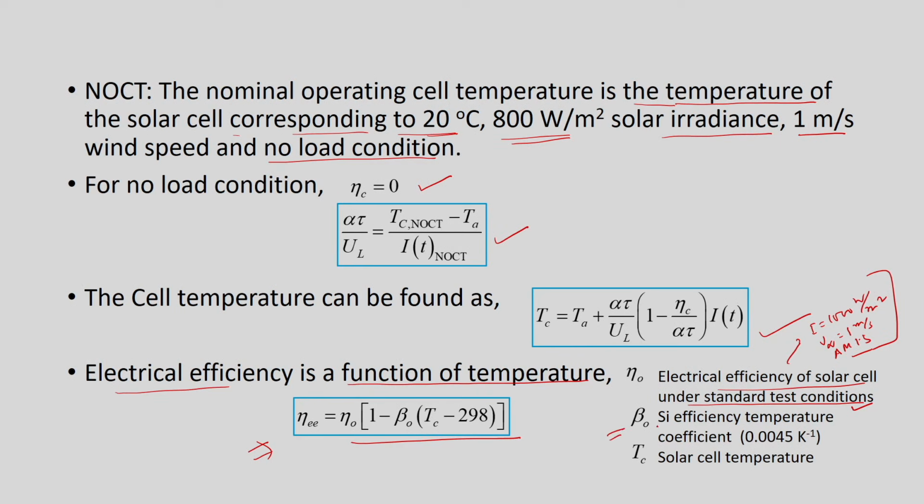And beta naught for a silicon solar cell is about 0.0045 Kelvin inverse, which is known as the efficiency temperature coefficient. Okay. And already we have defined Tc, which is nothing but the solar cell temperature. Okay. So by using this we can calculate the electrical efficiency of a solar cell, right.